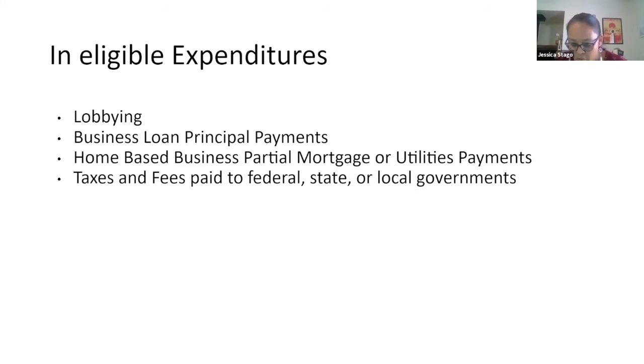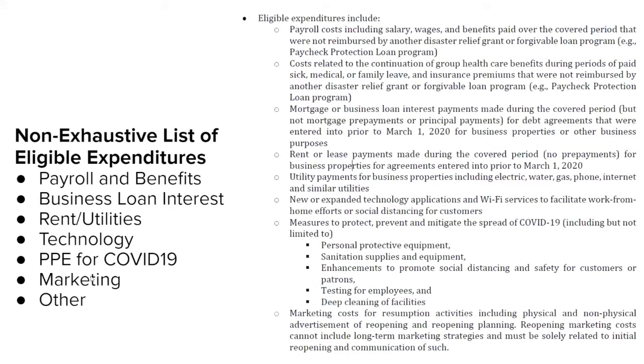In order to make your location safe, you're purchasing equipment, or maybe a point of sale system to reduce the risk of the spread when you reopen, then yes, you can use it, as long as it fits within technology or PPE or marketing. But you can't use it to purchase a building; they would not consider that part of COVID-19.